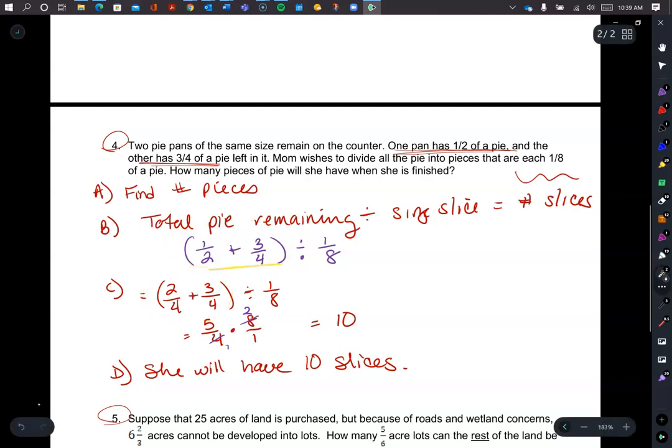So I just wrote that with parentheses. Make sure I do that first. Get a common denominator. That comes out to be 5/4. So it's actually a little more than a whole pie left. And then dividing that into 1/8 slices, we multiply by the reciprocal there and get 10 slices that she can get. So just write your sentence.